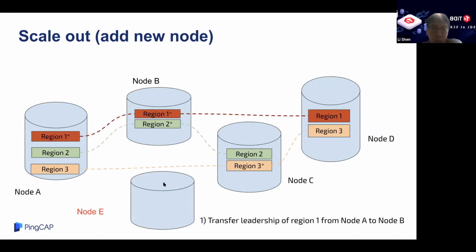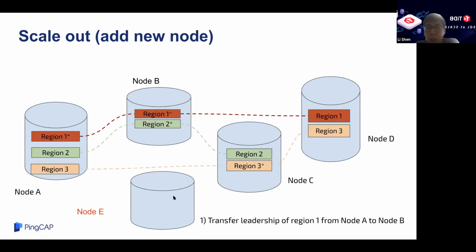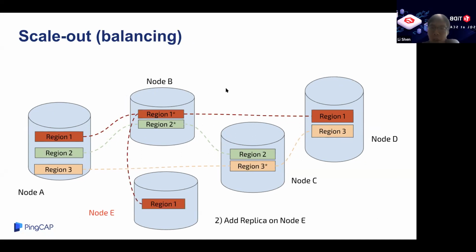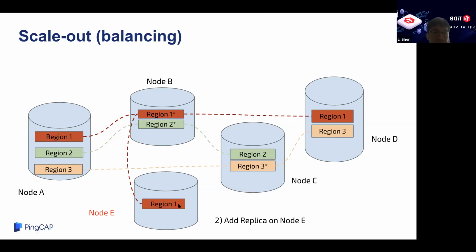You can add a new instance into this cluster, and the cluster will detect that the disk usage is unbalanced and decide to move some data from node A to node E. In this process, we use Raft to add one more Raft replica on the newly added instance.